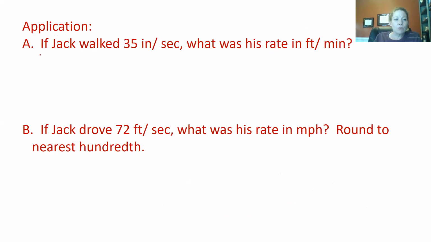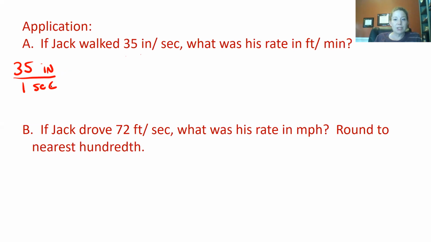All right, so we're given a rate of 35 inches per second. So Jack is walking 35 inches per 1 second, and we want to convert this to feet per minute. So let's start with 35 inches per 1 second. Then we want to think, how do we get from seconds?